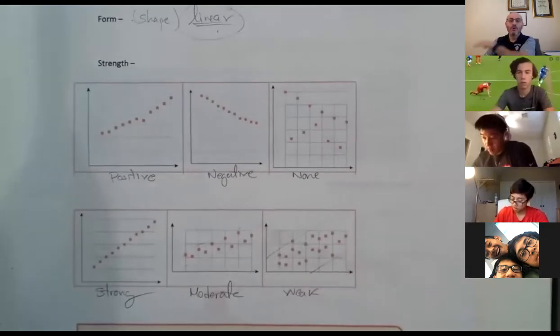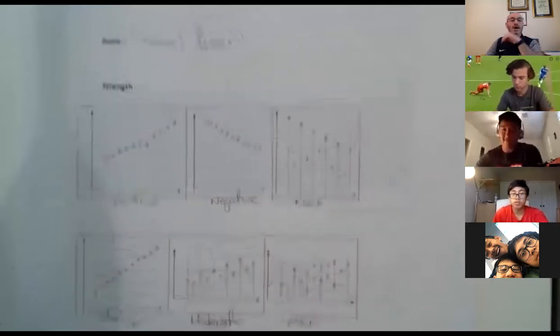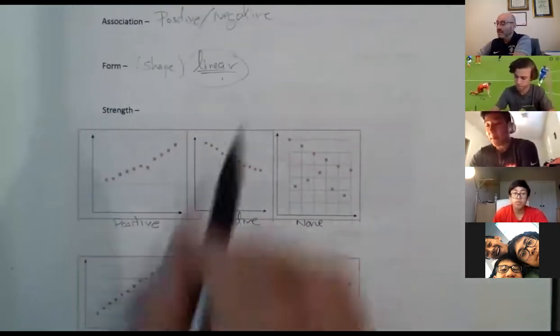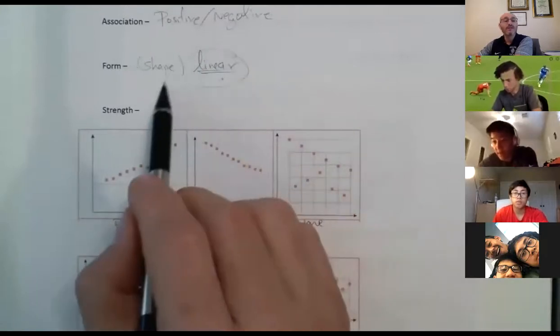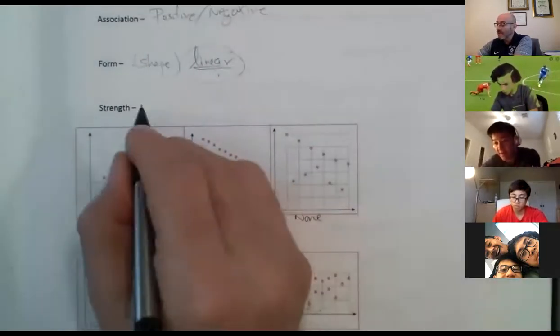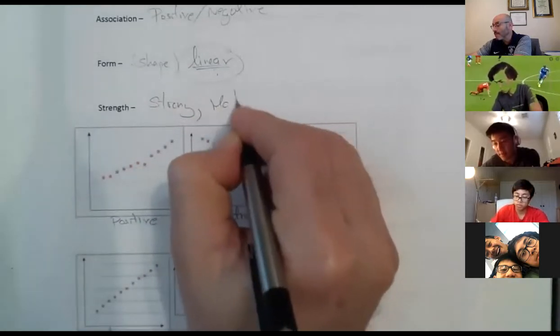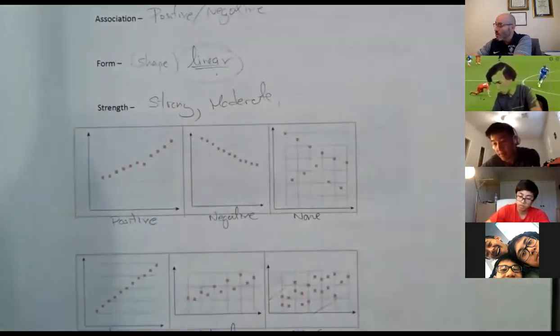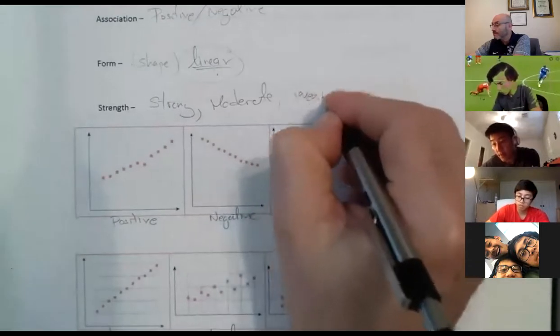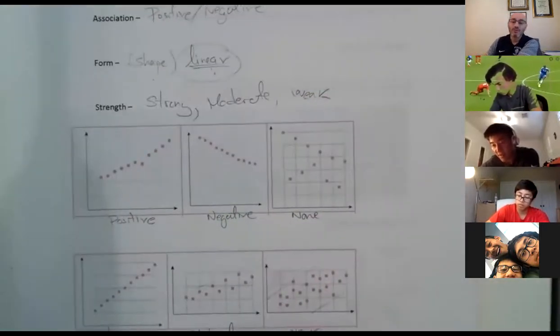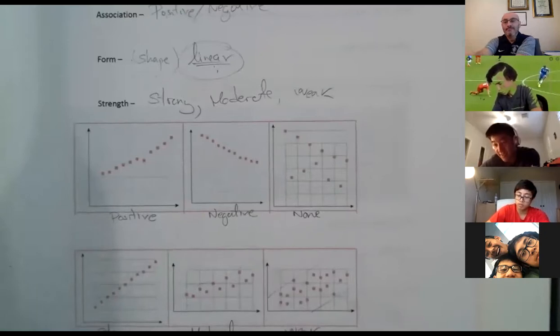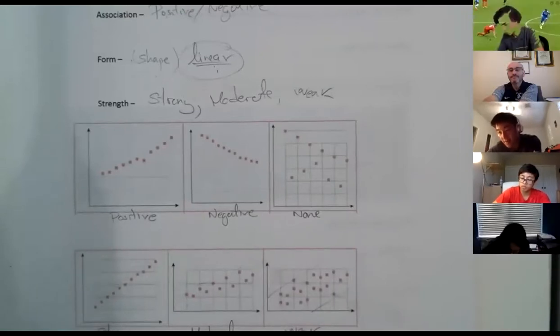Okay, so when we look at a scatter diagram, then those are the things that we're going to look for. The association, that is going to be positive or negative. The shape, is it linear? And then the strength, which is strong, moderate, or weak. Okay, that's the information we're looking for in the scatter plot.